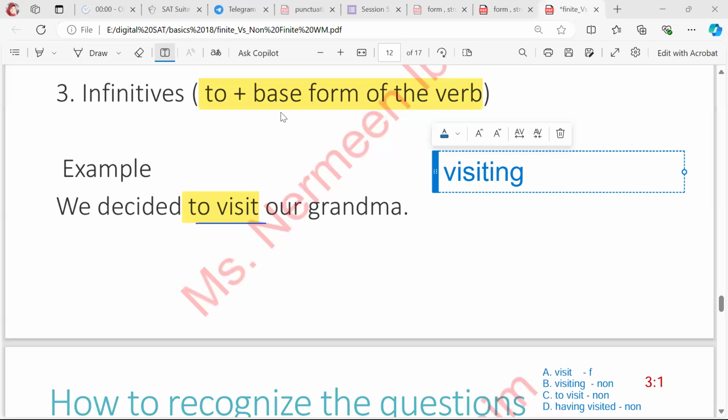I think it's non-finite. Oh my God, Abdurrahman. Now, your friend Omneya doesn't agree with what you said. That's a problem. Can you convince her that visiting is a finite verb? So it shows a tense. What do you think, Omneya? Does it show a tense?